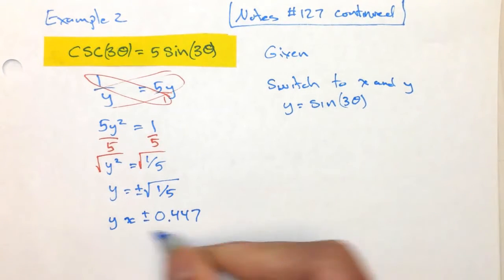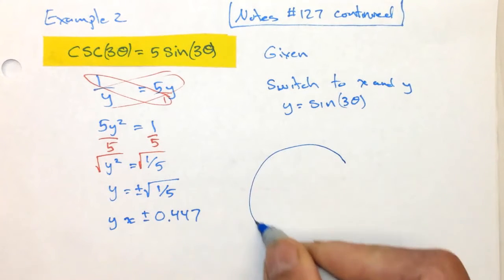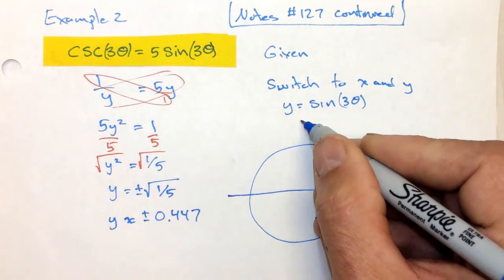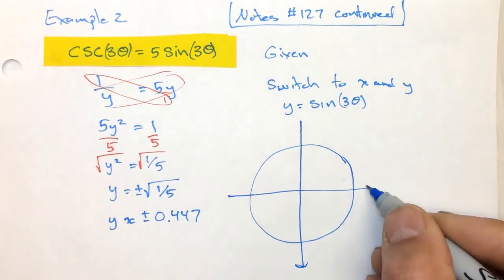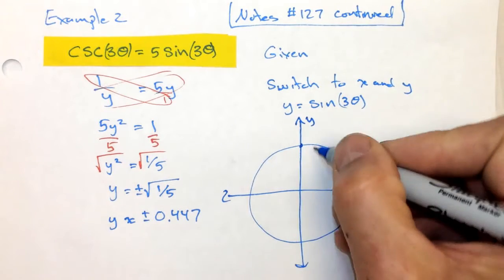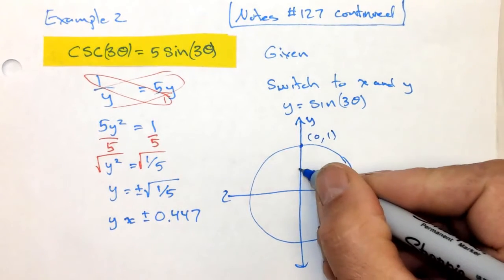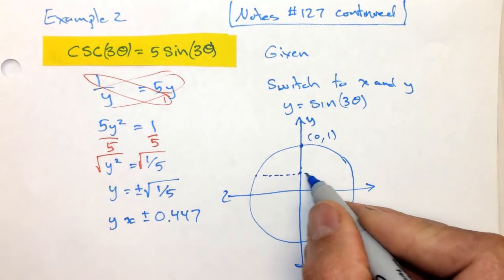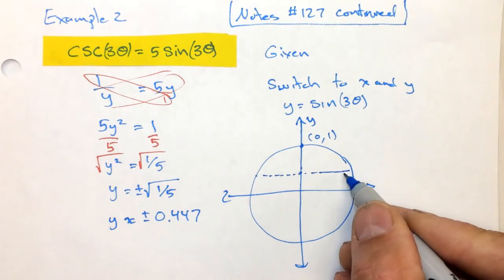But let's go ahead and find out where the y coordinate on the unit circle is about that. So on my unit circle, here's y. Remember, this is at 0, 1. So half is there, and then a little bit below that is my solution. I have 2 points on the unit circle.